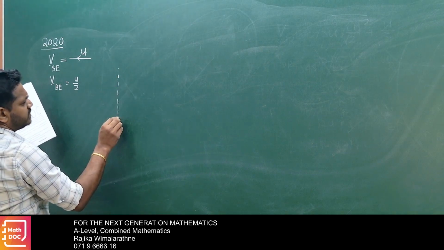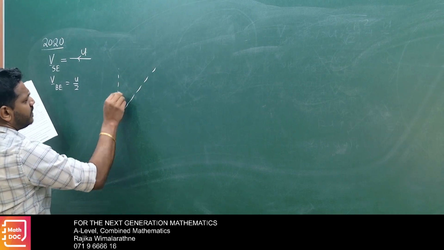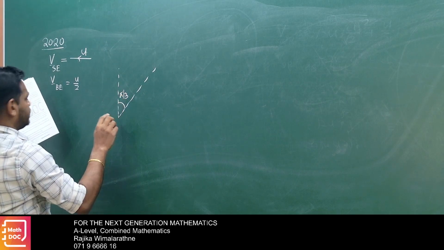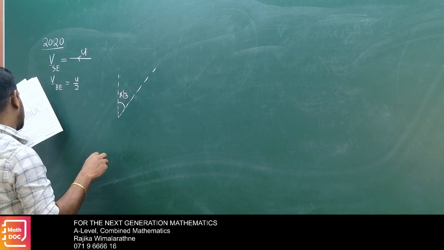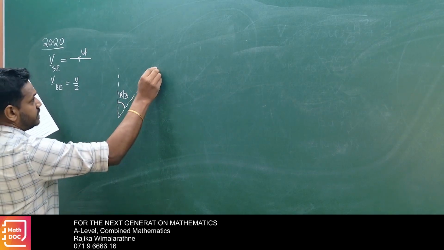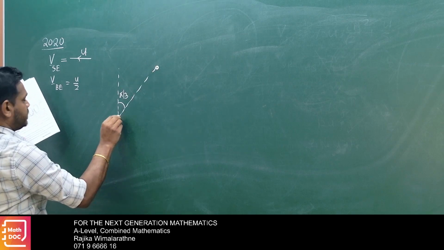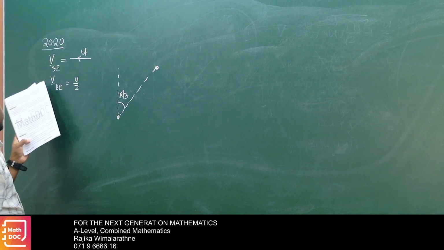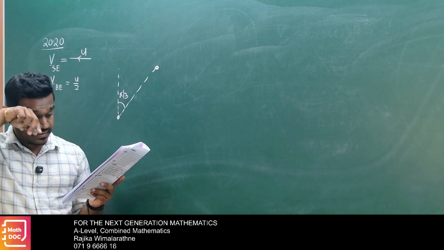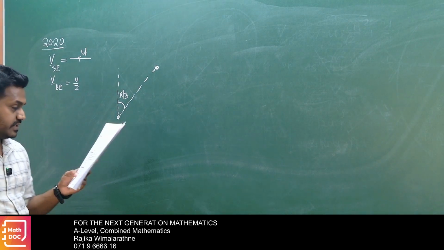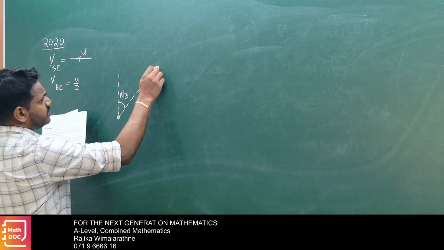Here north, here pi divided by 3. Angle east of north. At a certain instant, the ship is at distance d east of north from the boat. Here from the boat.